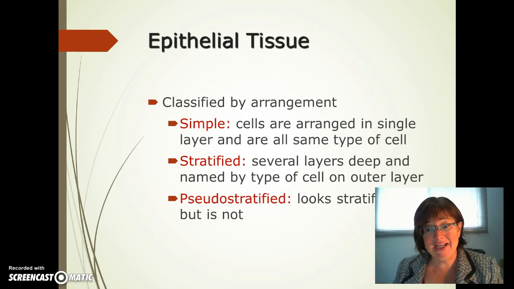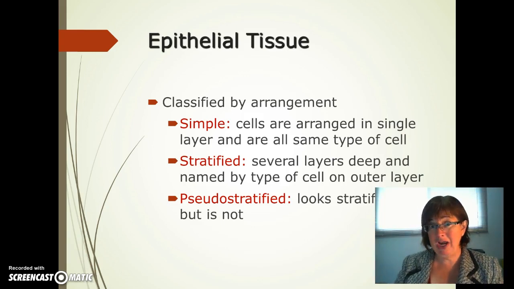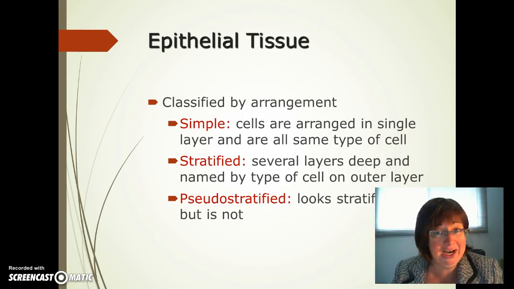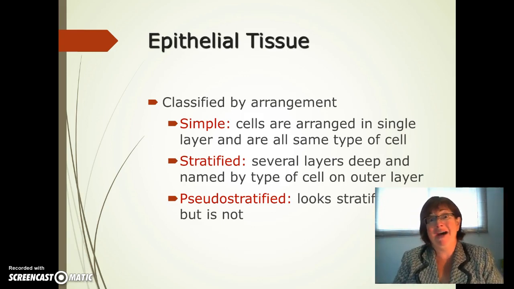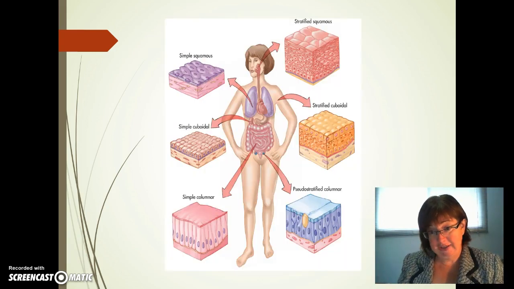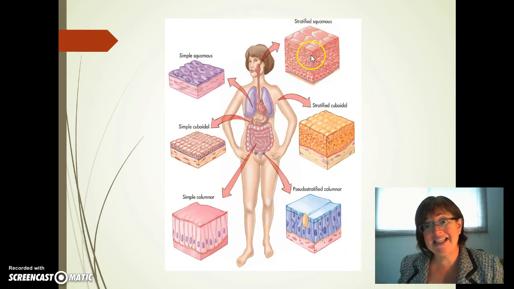The second one is based on its arrangement. Are they simple, meaning one layer? Are they stratified, meaning several layers? Or are they pseudostratified, pseudo meaning false? So does that mean they look like they're layered, but they're really not? When you look at the skin or the lining of the throat, you've got stratified squamous.